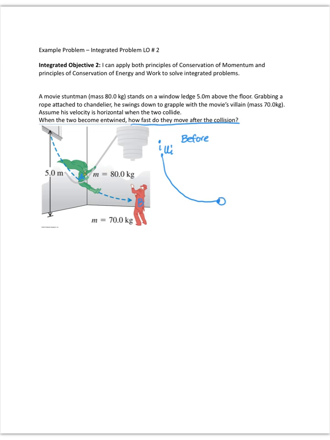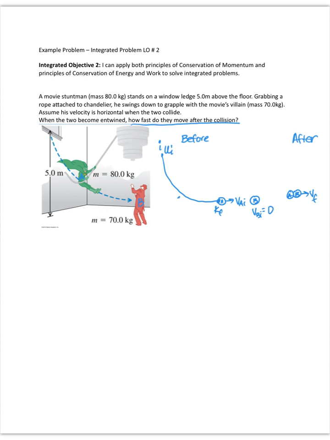So here, person A is going to move with some initial velocity, and there's where he has all his kinetic energy. He's going to hit person B, who has an initial velocity of 0. And then after the collision, the two are going to move off as a single object with some final velocity.